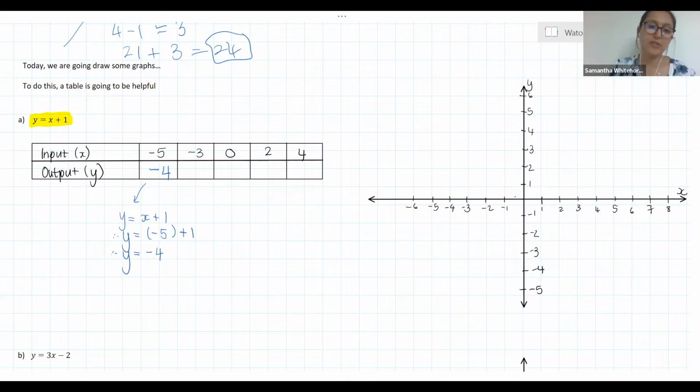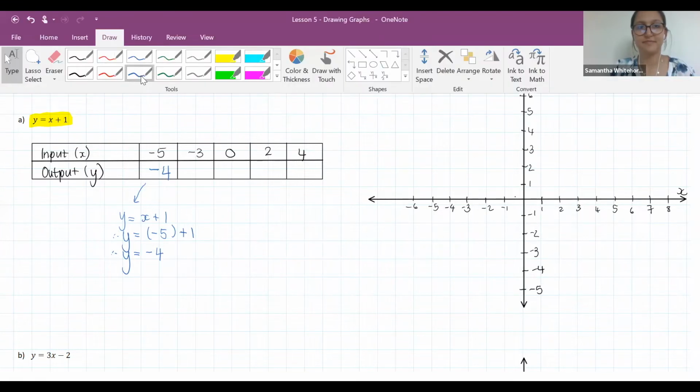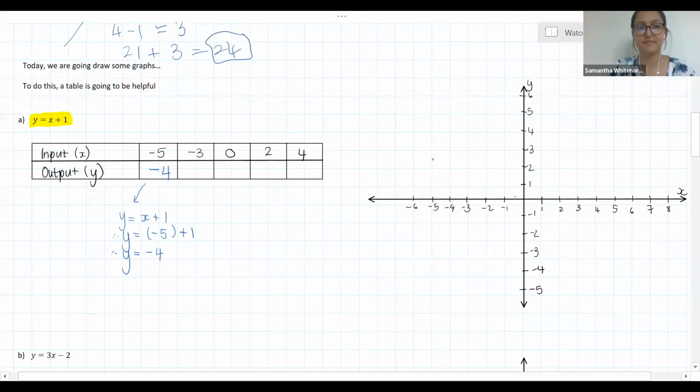Tanankosi, would you like to give us the first one? -3 is -2. Perfect. So -3 plus 1, output of -2. Fantastic. Well done.